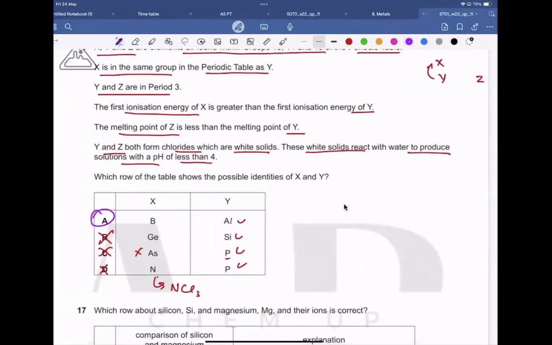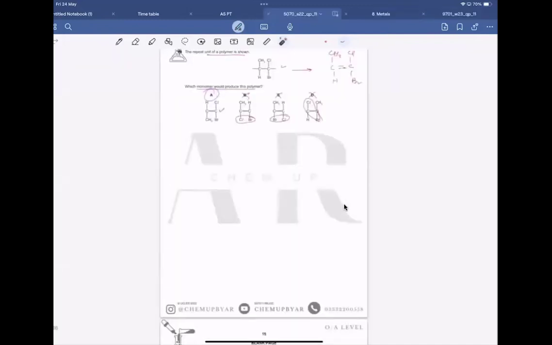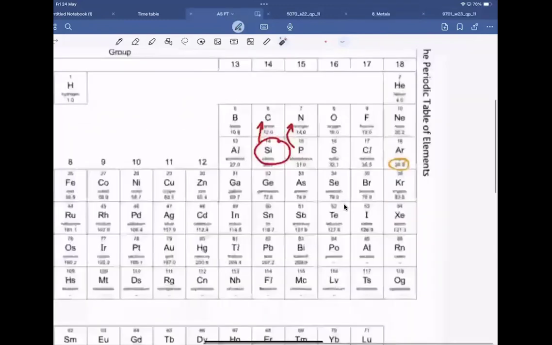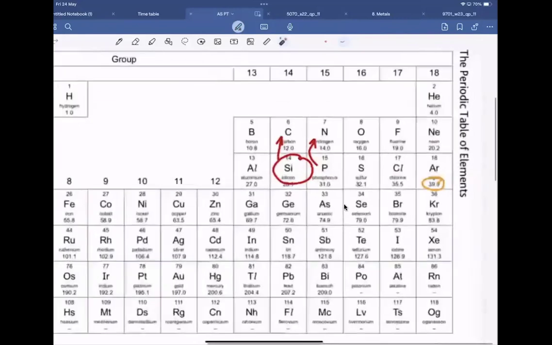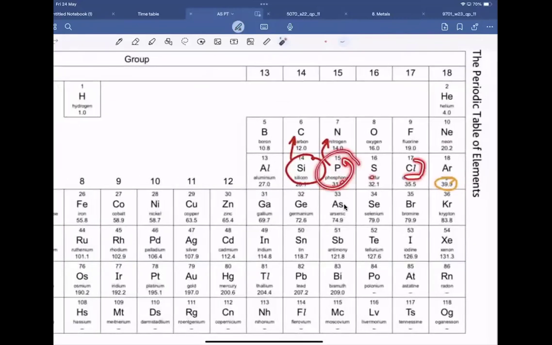Another thing, see, they are saying that Z has a lower melting point than Y. So if we take phosphorus, for example, why don't we take D? With phosphorus, only this one has a lower melting point than phosphorus, and everyone else has a higher melting point.